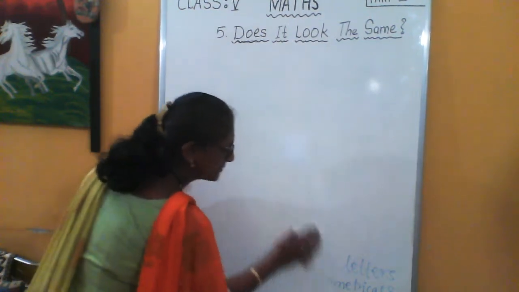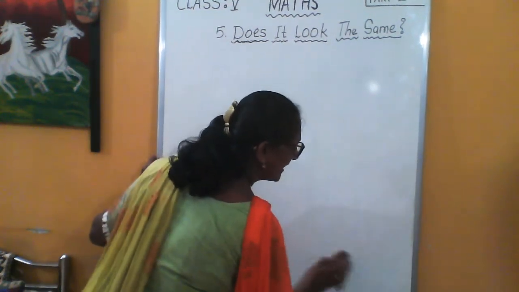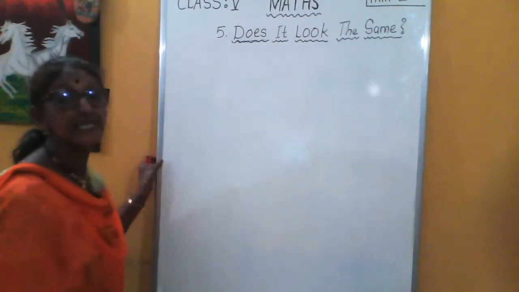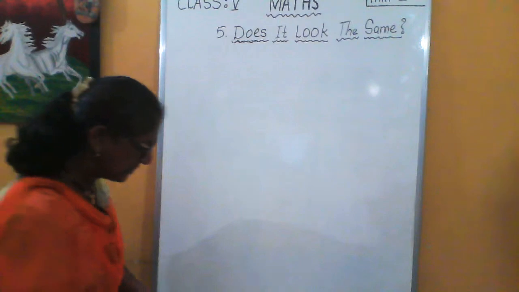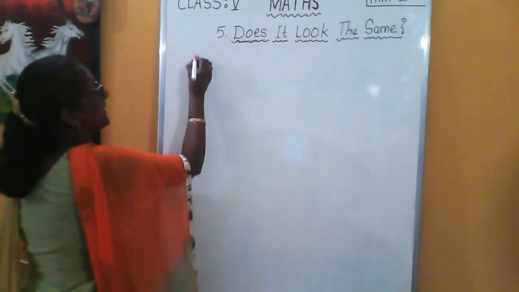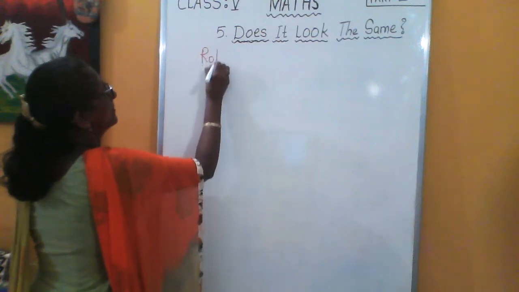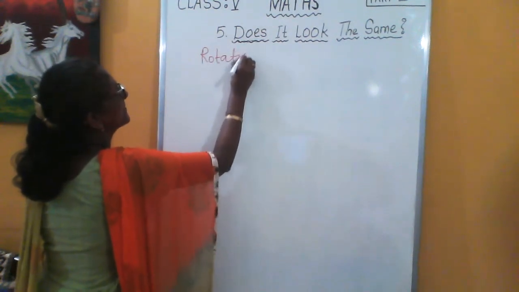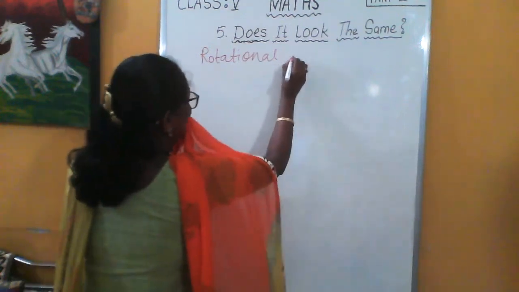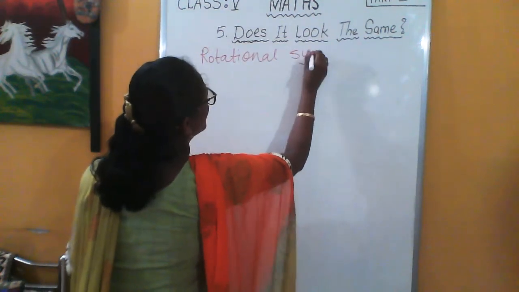Today we are going to see halfway rotation. That is called rotational symmetry. And today we will see only the half part of it, half rotation.